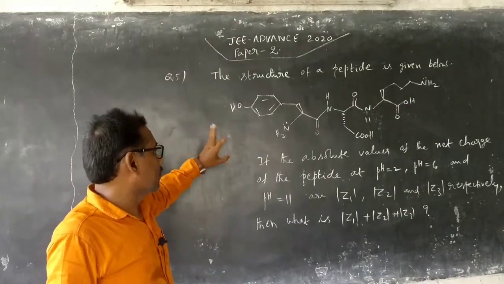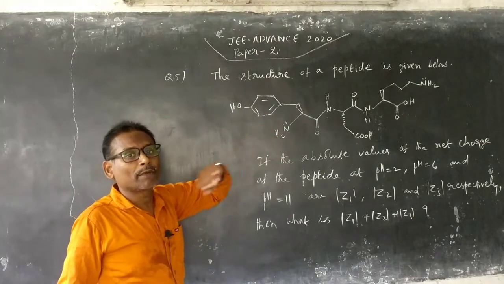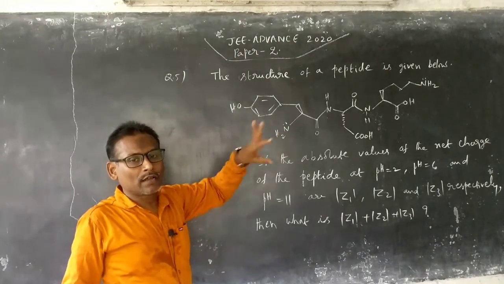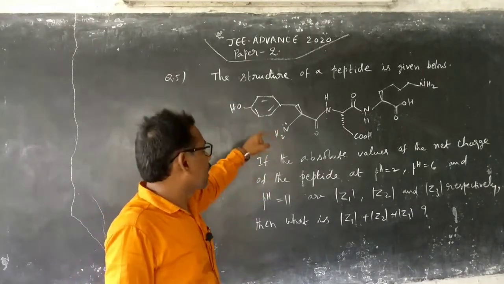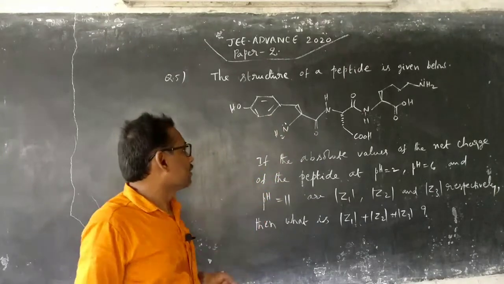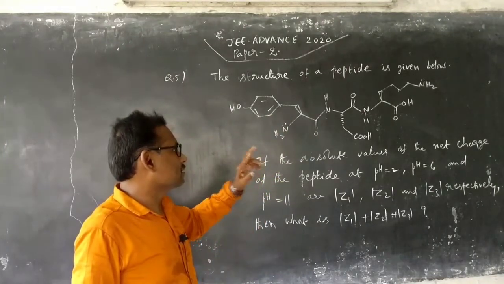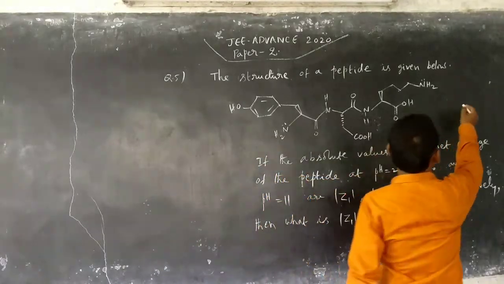It is given that it is a peptide. Of course, it is a tripeptide, resulting from the combination of 3 different amino acids. The structure of the tripeptide is given.